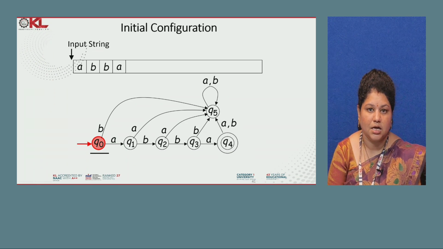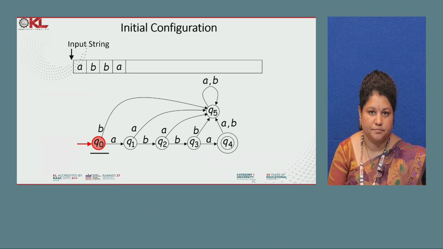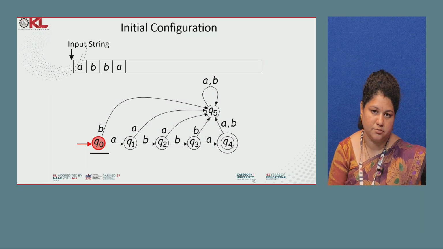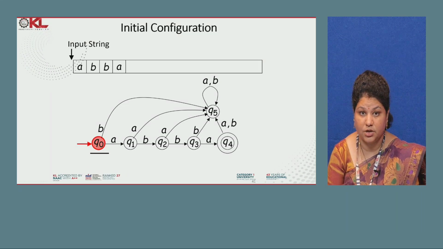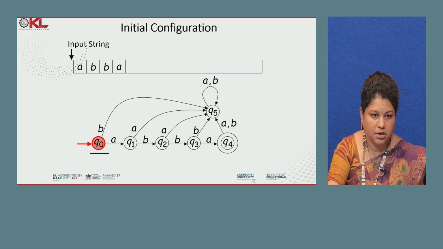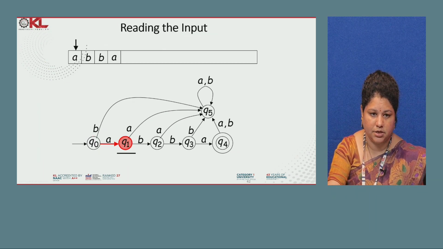That is the condition for the DFA. From a particular state we do not give many transitions for a specific input. That is a constraint for the DFA. In this way the diagram will be generated.